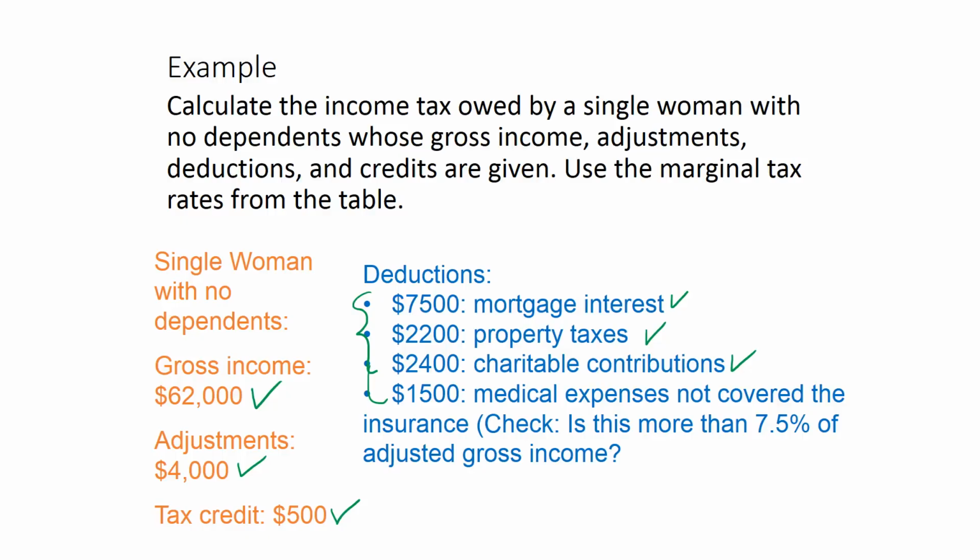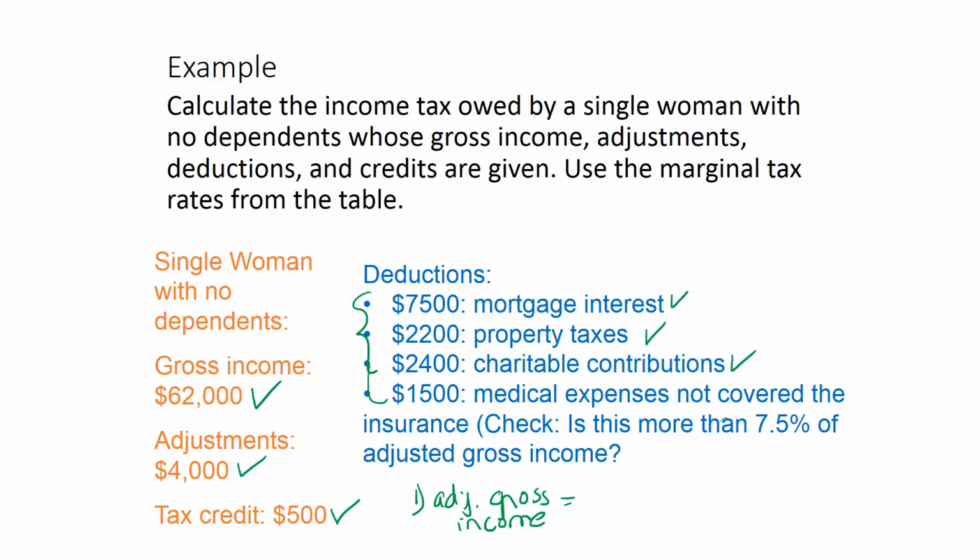by insurance. Again, remember that for medical expenses, it has to be more than 7.5% of the adjusted gross income. So the adjusted gross income, I think that's question 1 in the next slide. It says the adjusted gross income. You can write it down on the next slide if you want.